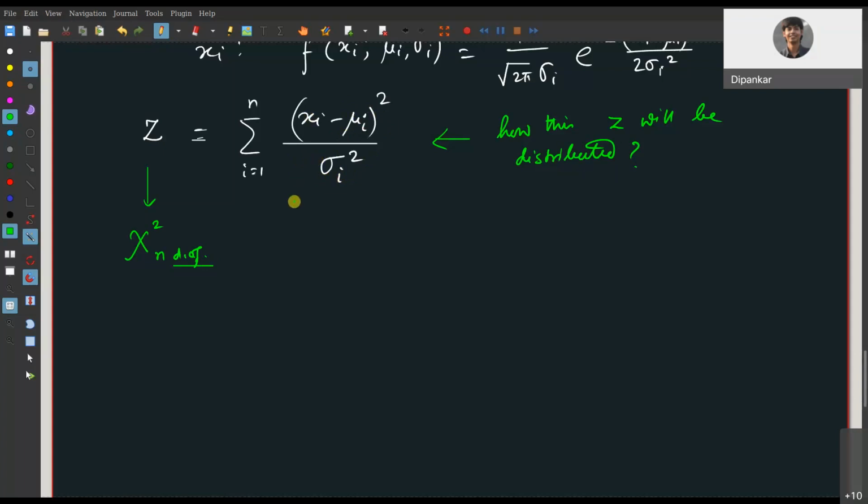Now usually, this x_i is predicted from theory. Suppose I tell you that my theory has predicted this x_i for some reason, and this mu_i and sigma_i you are getting from data.